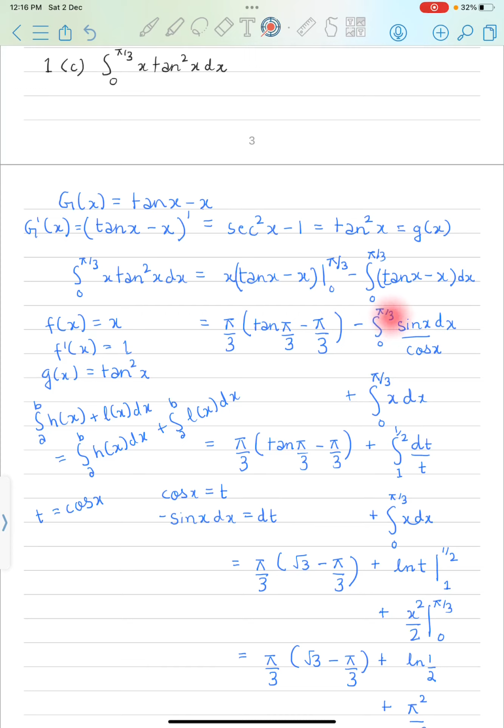If you put cos of 0, this will be 1, and cos of pi by 3, this will be half. So this will reduce to dt by t, with integration from 1 to half. And then the next integration we keep as it is.